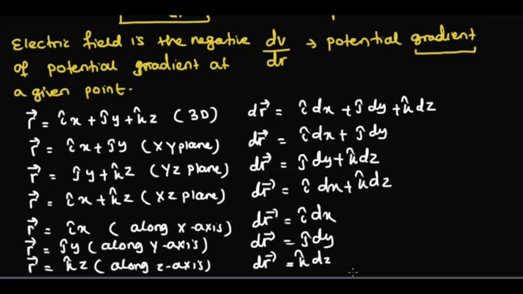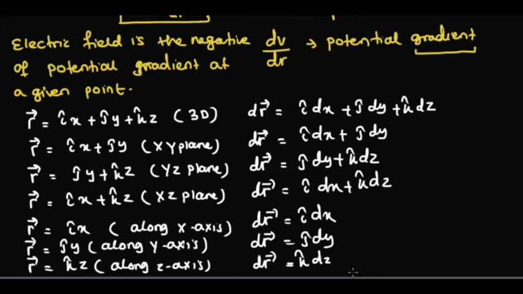It has no component along x-axis or y-axis or z-axis, but the potential is a function of position. It is a function of some coordinate, x coordinate, y coordinate and z coordinate, or only xy, only yz, only xz, or only x, only y, or only z.